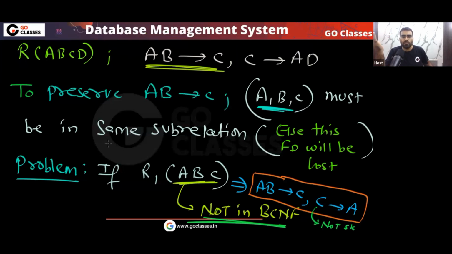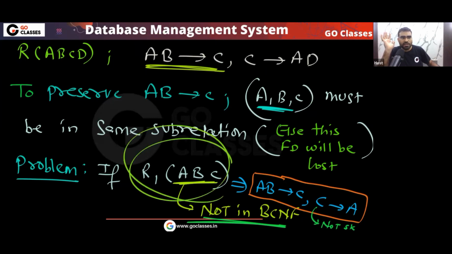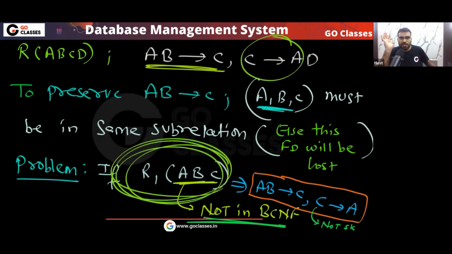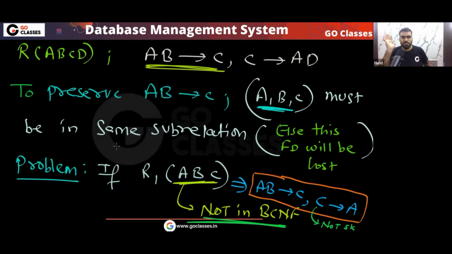This is what I wanted to prove. If you want to preserve this FD, then the ABC attributes must be together. But if you put them together, then because of this, ABC will not be in BCNF.